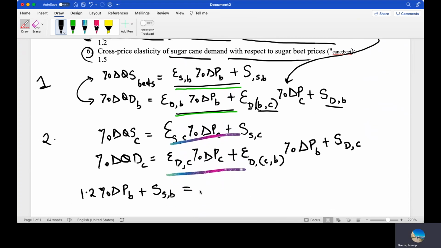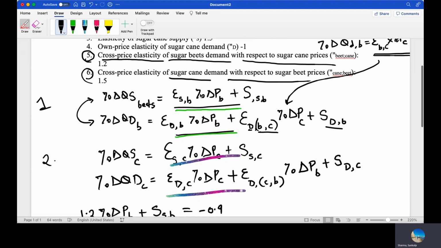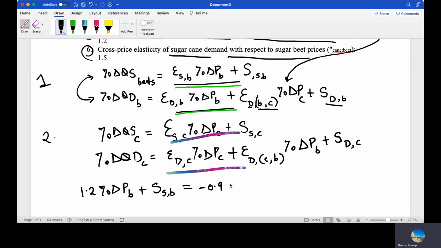So that's negative 0.9 times the percentage change in the price of beets, which of course is what we're trying to figure out.